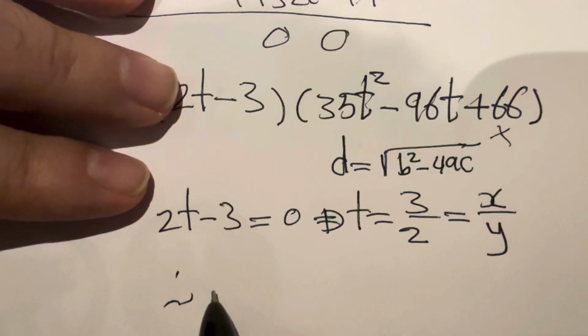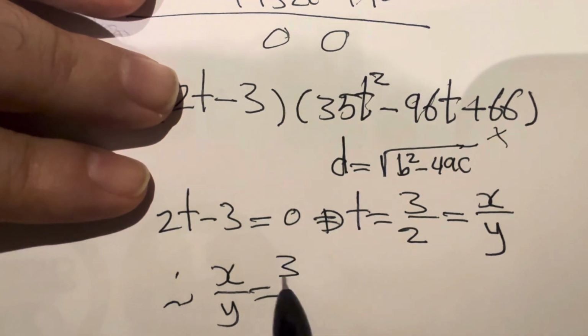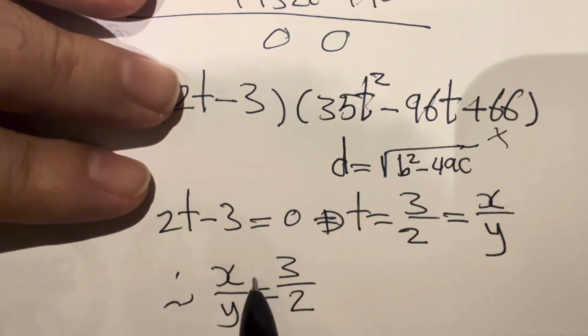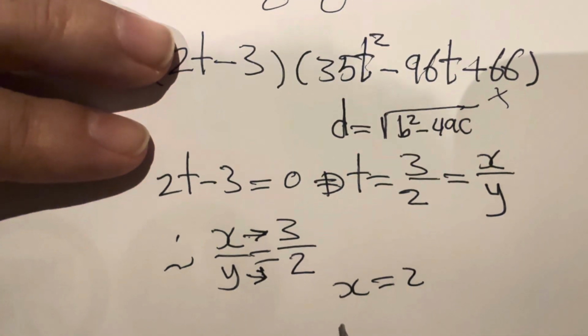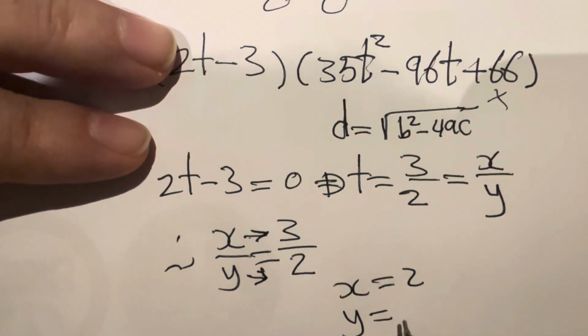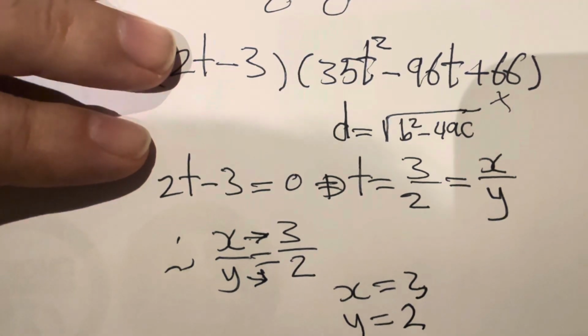Therefore, x over y equals 3 over 2. So by looking at the equation, x equals 3, sorry, and y equals 2.